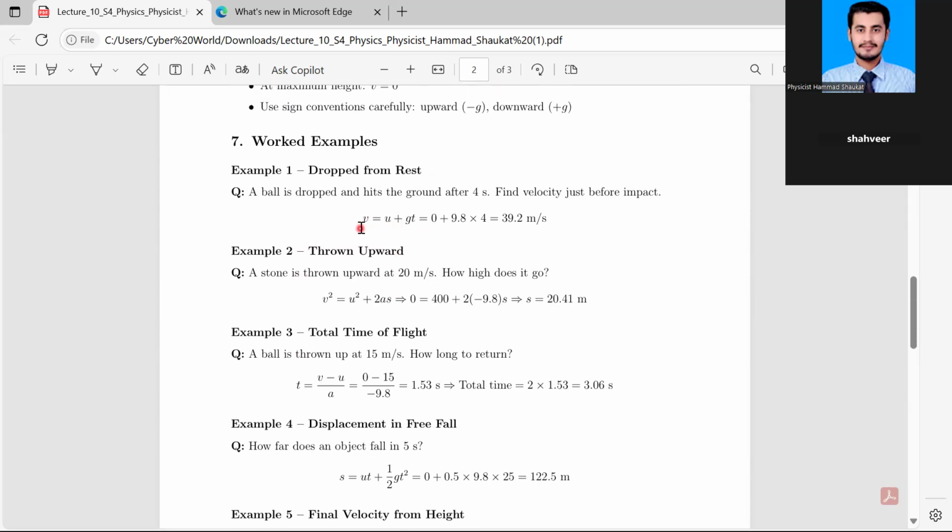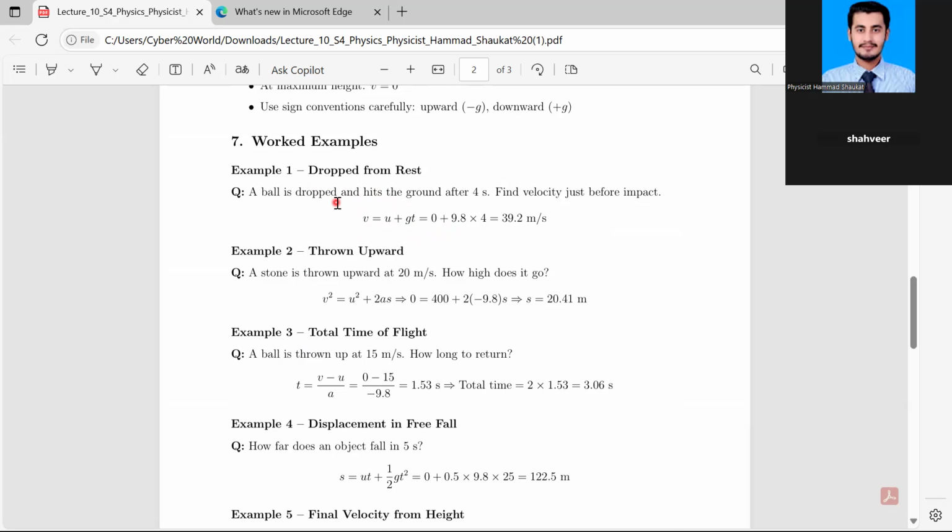In that scenario, we have to find the final velocity, which is v, and initial velocity, as I mentioned, we have to take zero. The value of g, do we take minus 9.8 or positive 9.8? Can you tell me in this scenario? Positive. Yes, positive, because a ball is dropped from some height, and definitely the ball has to drop downward.